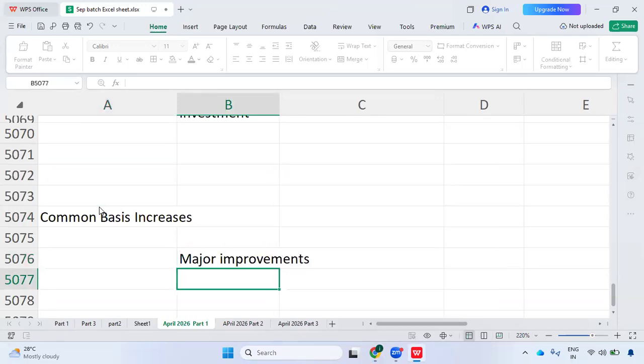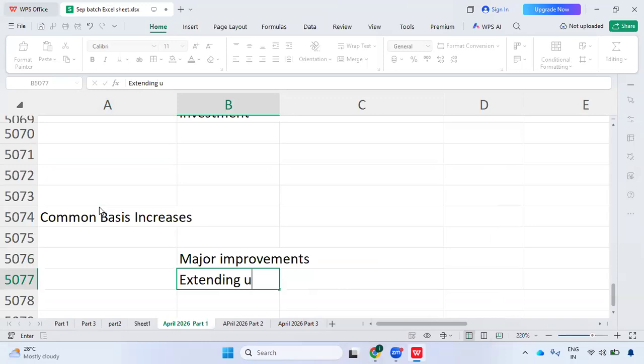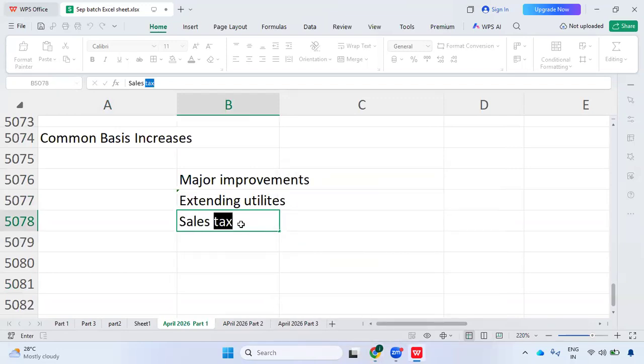Utilities costs, extending utility. Okay. Installation cost or sales tax cost. Yes, installation, sales tax. Title perfection. Yeah, title perfection.